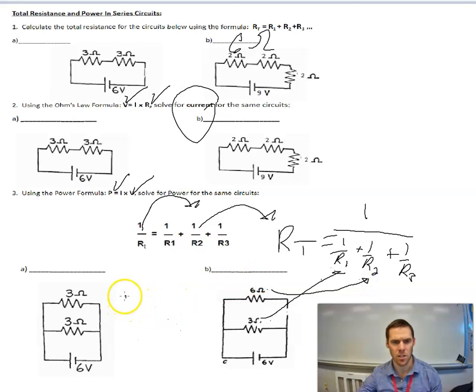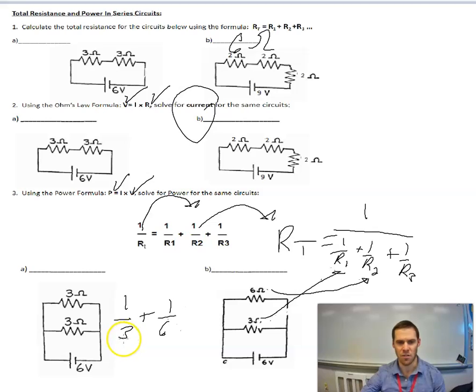If I were to look at that in terms of their fractions, I want to make sure that I have my denominators matched up, which they're not, so I cannot add this as is. I want my lowest common denominator to be 6. 3 times 2 is 6, so I need to double my numerator as well.